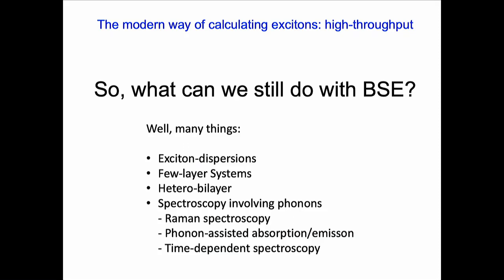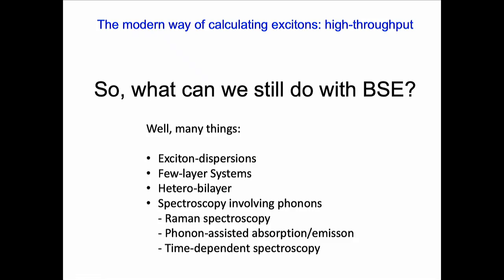So we have to do more smart things, and here are some ideas, some activities that we are doing in the group. What can we still do with the Bethe-Salpeter equation, even though there are already high throughput archives? Well, there are still many things to be done: exciton dispersion, few layer systems, hetero-bilayers, and then spectroscopy involving phonons, electron-phonon coupling. I guess this will become a topic tomorrow when you will talk about time-dependent spectroscopy.